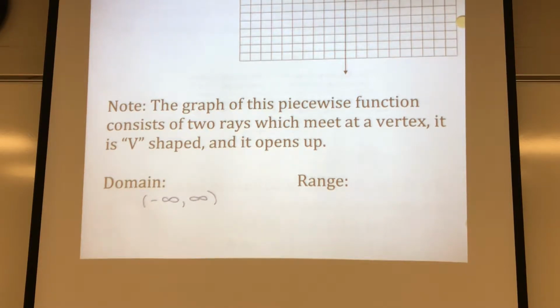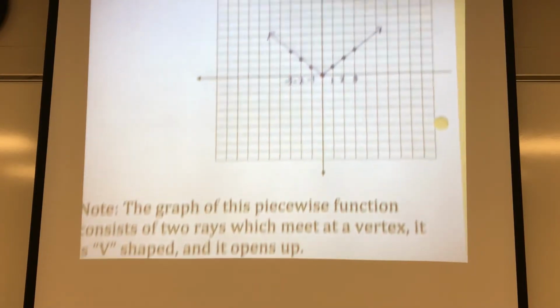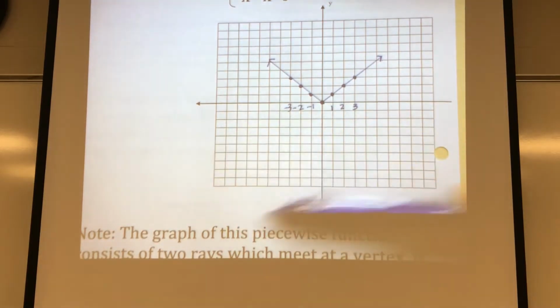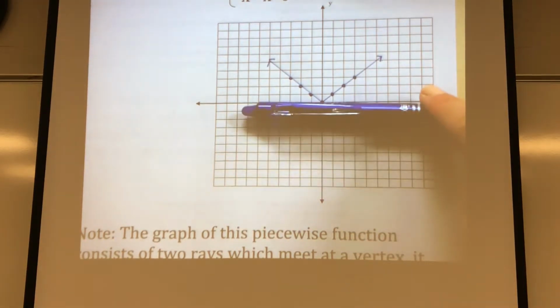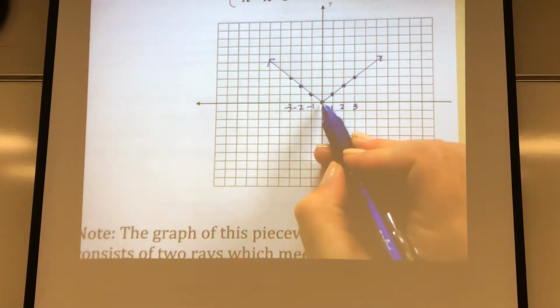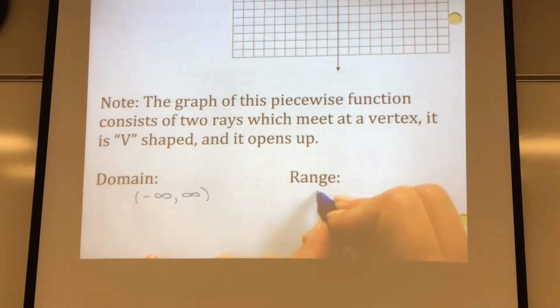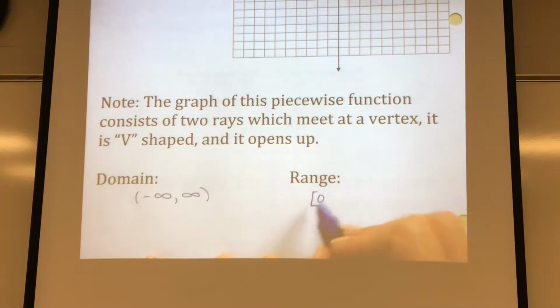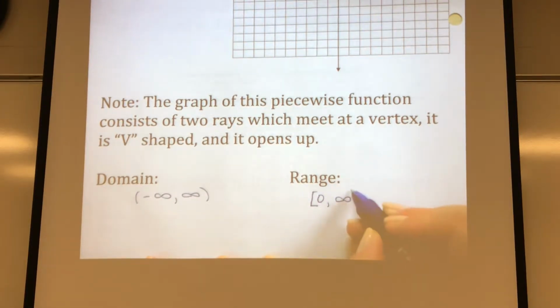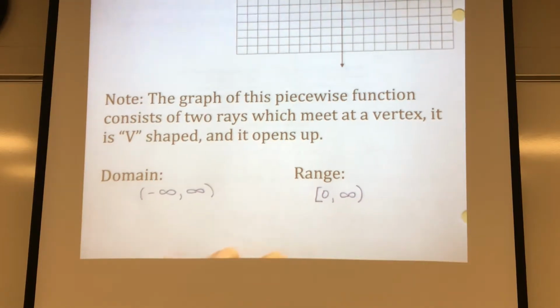Infinity is not something that we can actually get to. Now range, on the other hand, is our y values. Let's look at our graph. Our y values, we don't have any down here at all. The first y value we have is 0, and then it continues up from there. So on our range, we will have a bracket for 0, because 0 is included, and it will go to infinity, but we can't actually reach infinity, so it'll be a parenthesis.